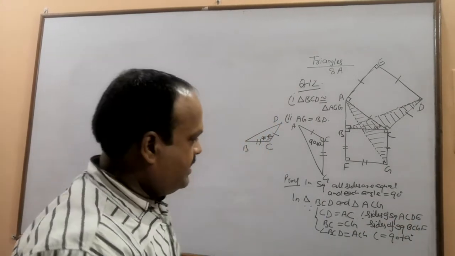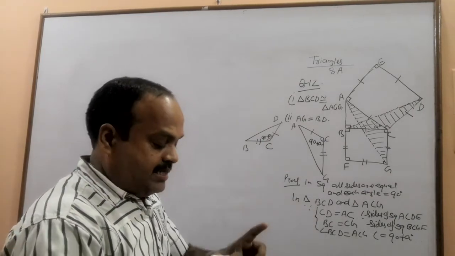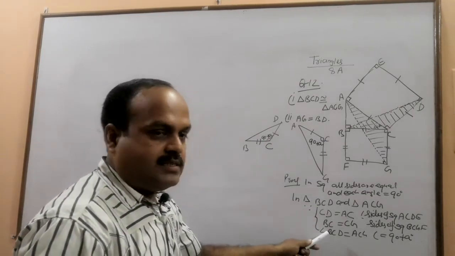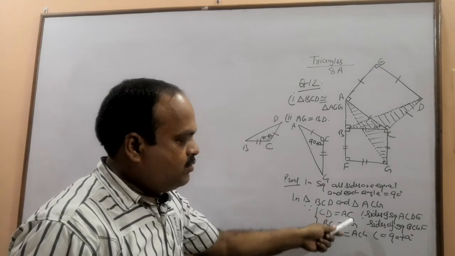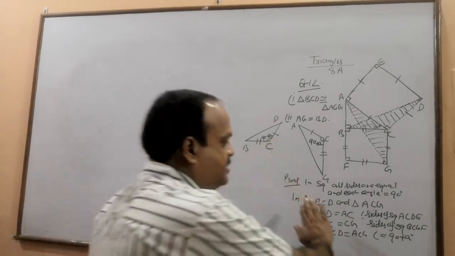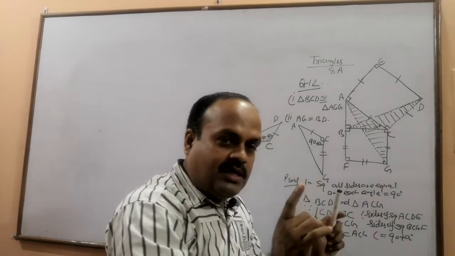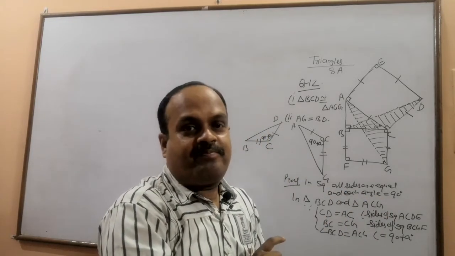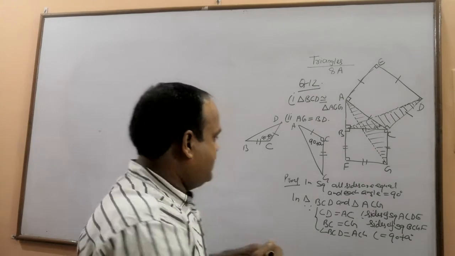90 plus A. Since we have shown the three parts of this triangle equal to three parts of this triangle, no doubt these two triangles are congruent and the test name will be SAS.